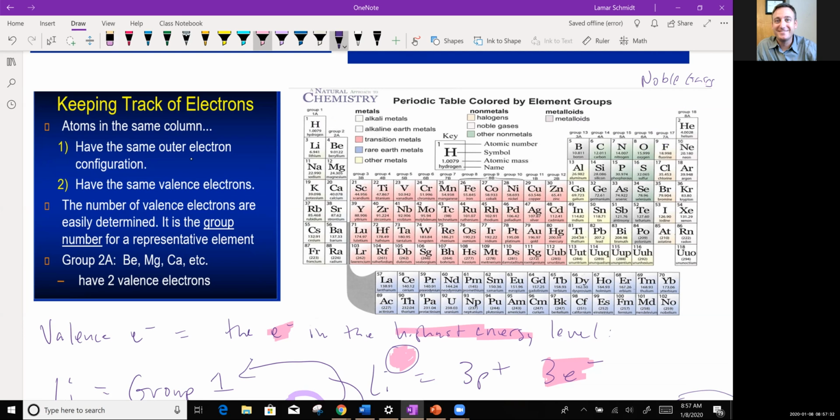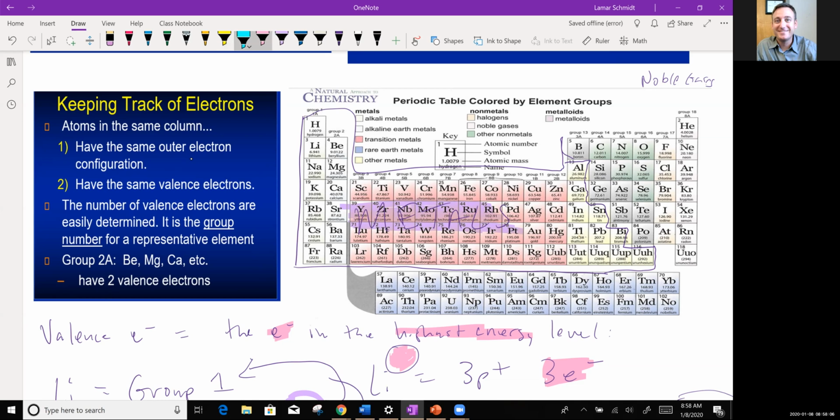All right, so everything over on this side of the periodic table, all of these right here, are going to be considered metals. They're all metals, this whole side here.